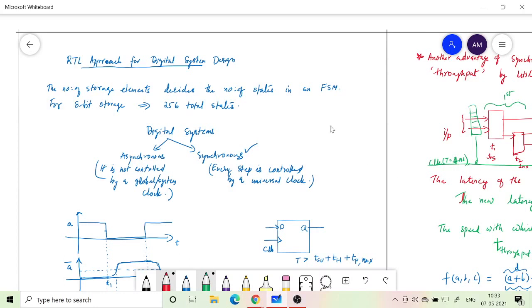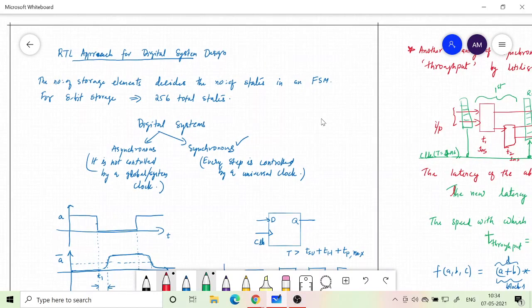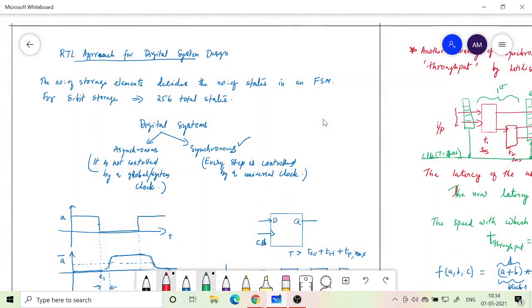If that many states are there in a circuit, then drawing state diagrams or the finite state machine design which we did last time is impossible. So definitely we need to think about some other approach to design systems which have a large number of storage elements like registers at various points in the circuit.